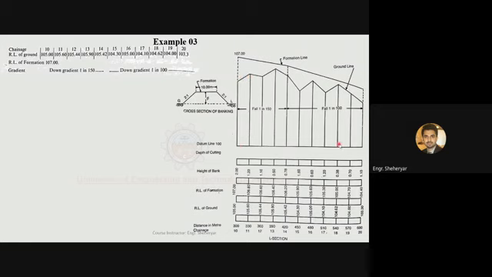So this horizontal distance is showing you the horizontal distance of the road. For example, 0 meters, then 30 meters, then 60 meters, then 90 meters, then 120 meters, and so on. So you are going horizontally.